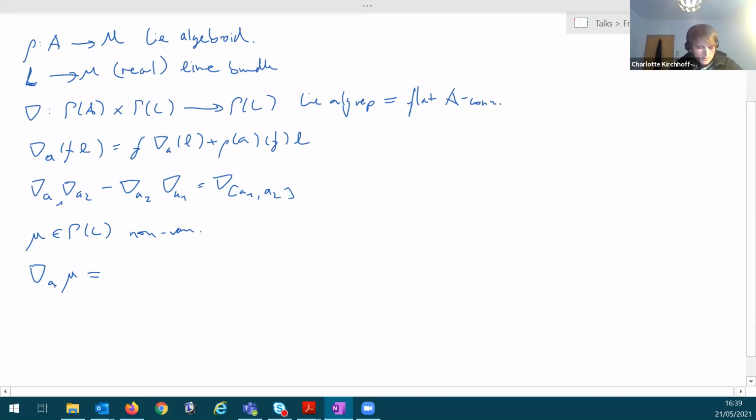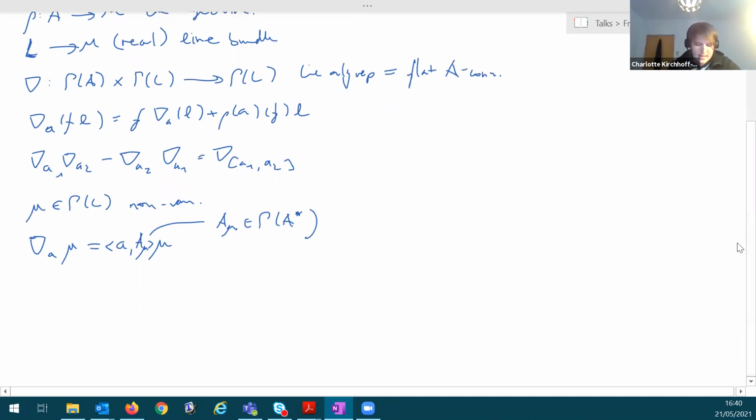Now we know that when we act with this Lie algebroid representation on mu, whatever we get is again a multiple of mu, because we're in a line bundle, and this will be linear in A. So in fact, we can write this as the pairing of the Lie algebroid section A with a section in the dual of A. This depends on mu, and it's a section of the dual of the Lie algebroid. This would be called the characteristic section associated to this Lie algebroid representation.